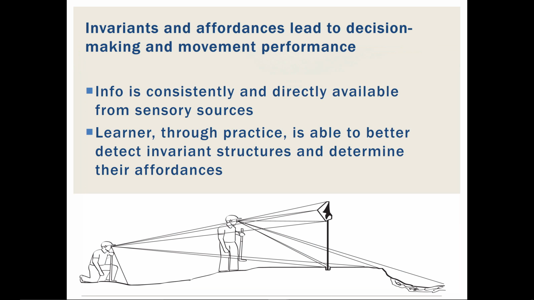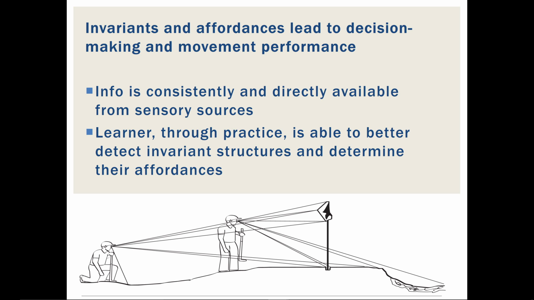And we interpret a lot of that information. But as we practice more, and this is the constraints-led approach to skill acquisition, someone is better able to pick up the right information that's going to lead to a change in motor pattern. Let's take the example of the goalkeeper again.